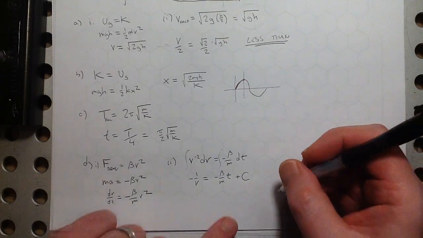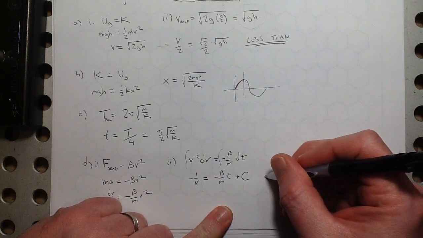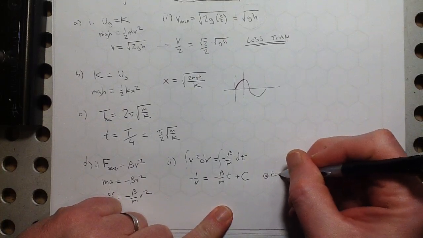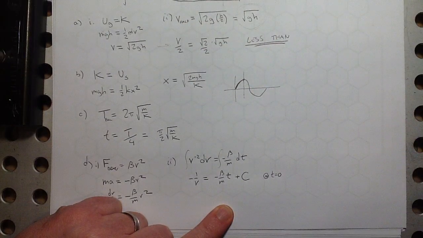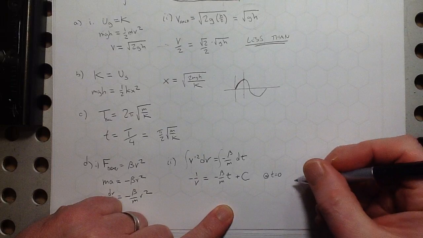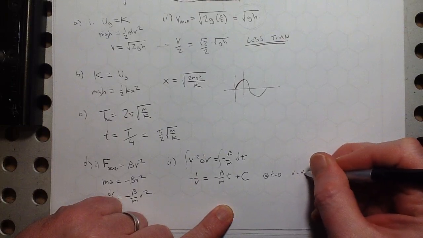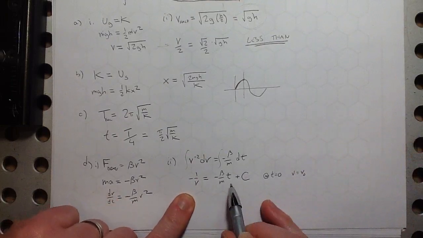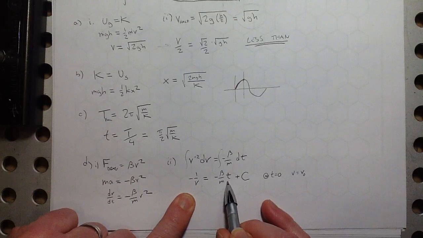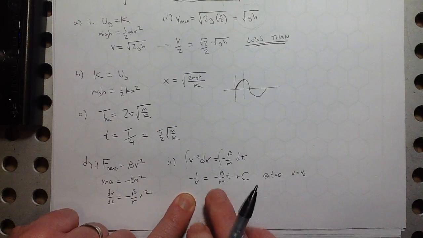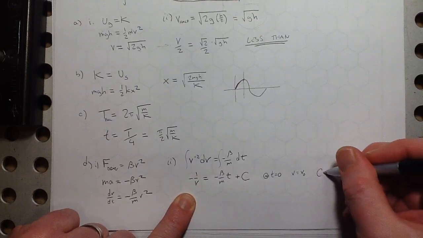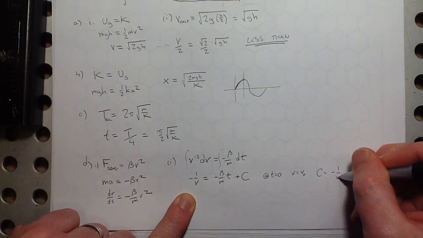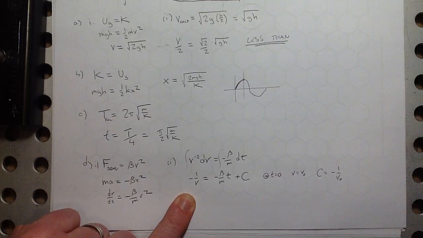And to solve for c, I know that at time 0, right when it gets to the bottom, they're calling the velocity v sub 0. V is equal to v sub 0. So plugging 0 in here, that would knock this term out. And plugging v sub 0 in here, so c would have to be equal to negative 1 over v sub 0.